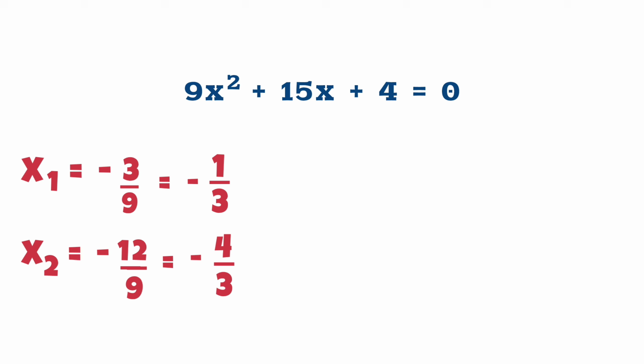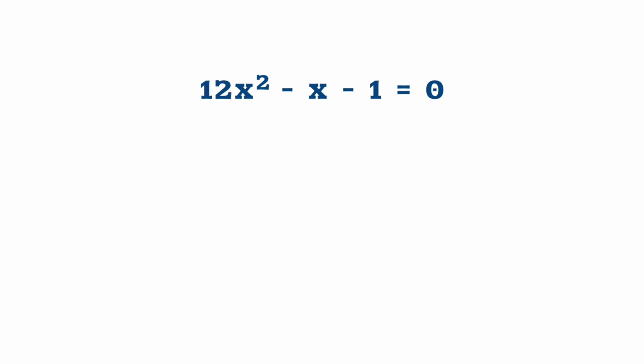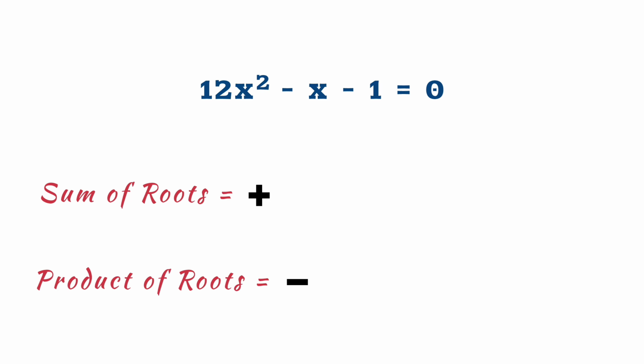We'll wrap this up with the last and the most important equation, 12x square minus x minus 1 equals 0. In this equation, sum is positive, product negative. Negative product can mean only one thing. One root has to be positive, other negative. Now look at the sign of sum, which is positive.